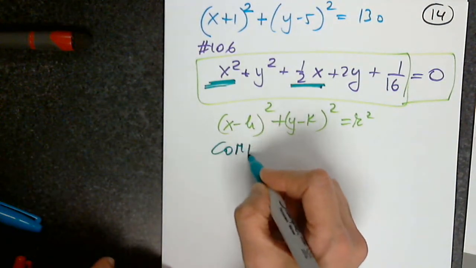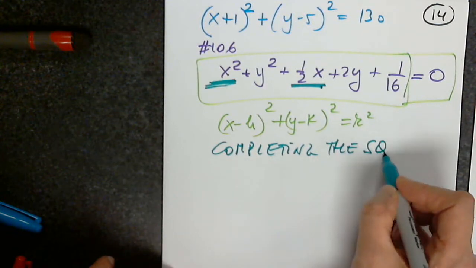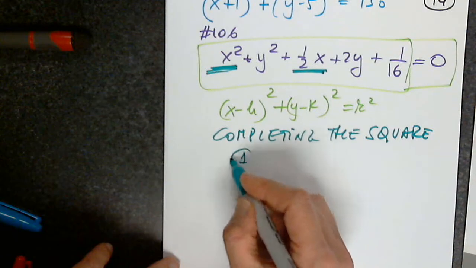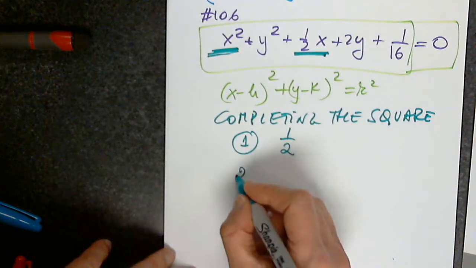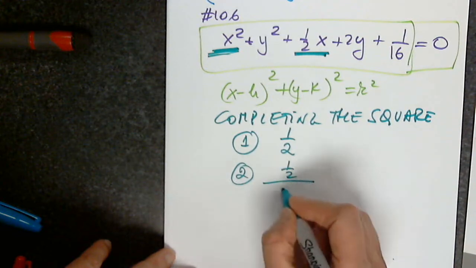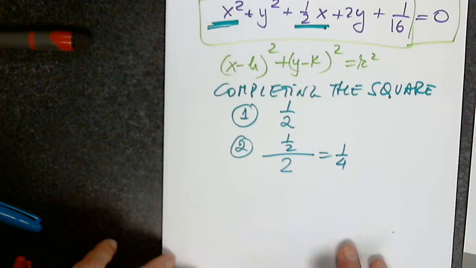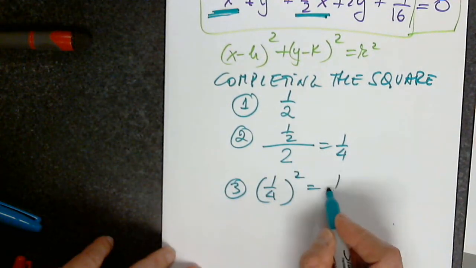Completing the square. Step 1, I identify the middle coefficient. Step 2, I divide the middle coefficient by 2, and I get 1/4. And in step 3, I square 1/4 to get 1/16.